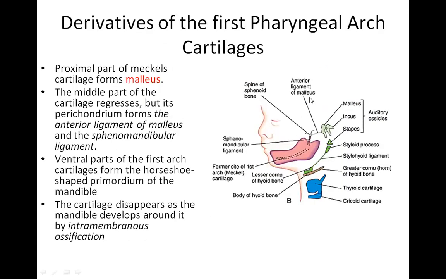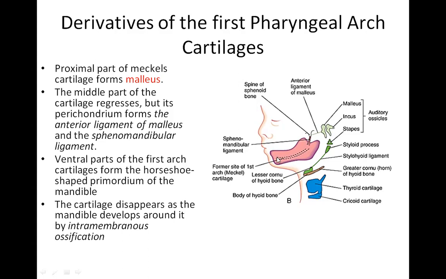Then what are the derivatives of these cartilages? The proximal part of Meckel's cartilage will form the malleus. Its middle part will regress, but its perichondrium will persist as the anterior ligament of the malleus and the sphenomandibular ligament, right? Now the ventral part of the first arch cartilage forms the horseshoe-shaped primordium of the mandible.